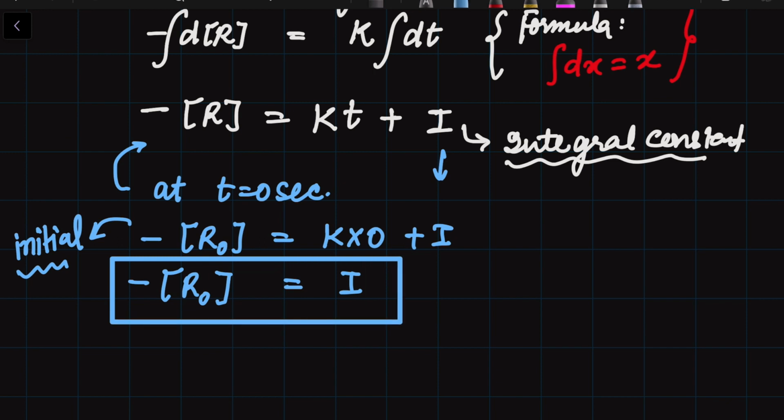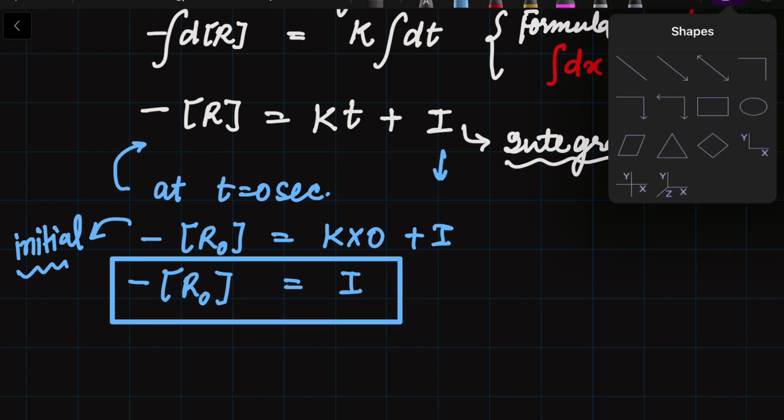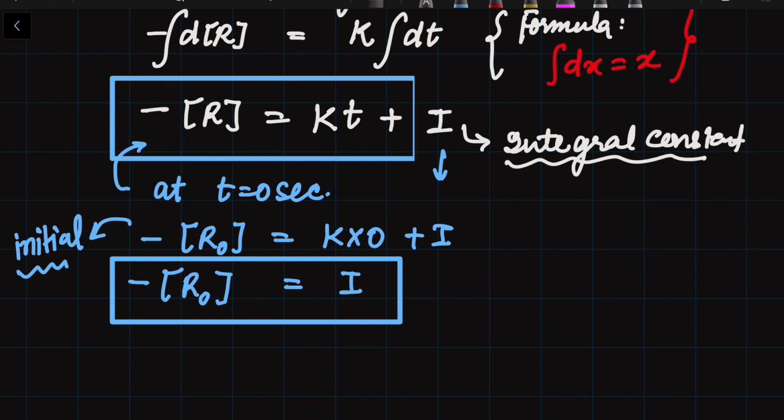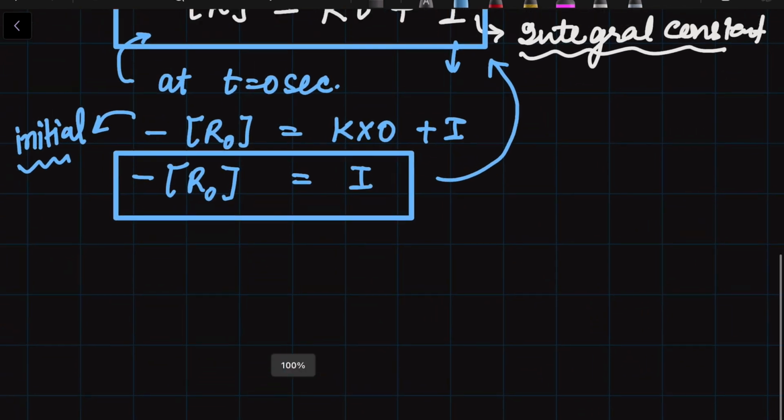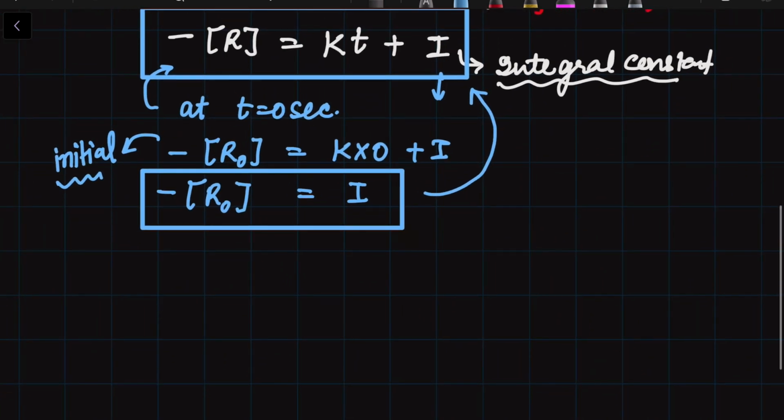What am I going to do now? There was one more equation previously. Now I am going to put the value of I into this equation. So this expression becomes minus concentration of R is equal to KT, minus concentration of R naught.